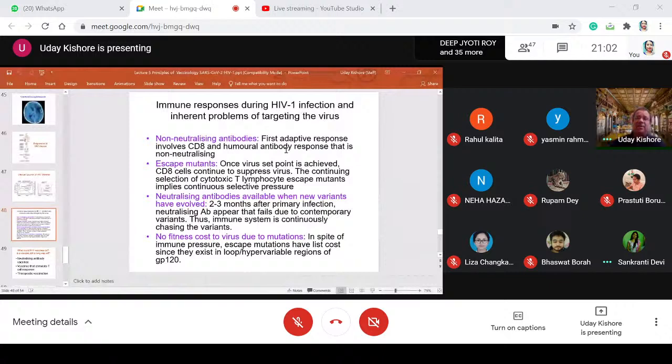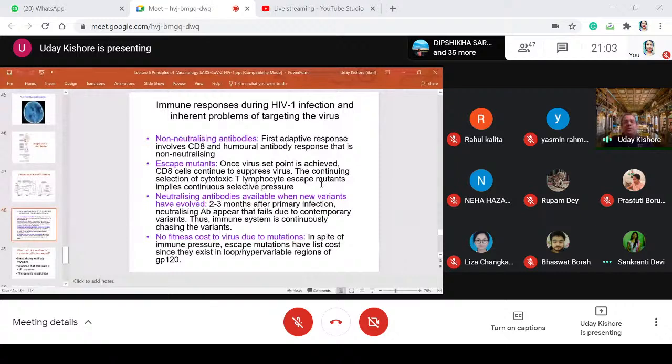We talked about the set point, but once virus set point is achieved, the CD8 cells, that is cytotoxic T cells, will continue to suppress HIV-1. But there is a downside. If the HIV-1 seems to think that, okay, how long can I persist as set point?